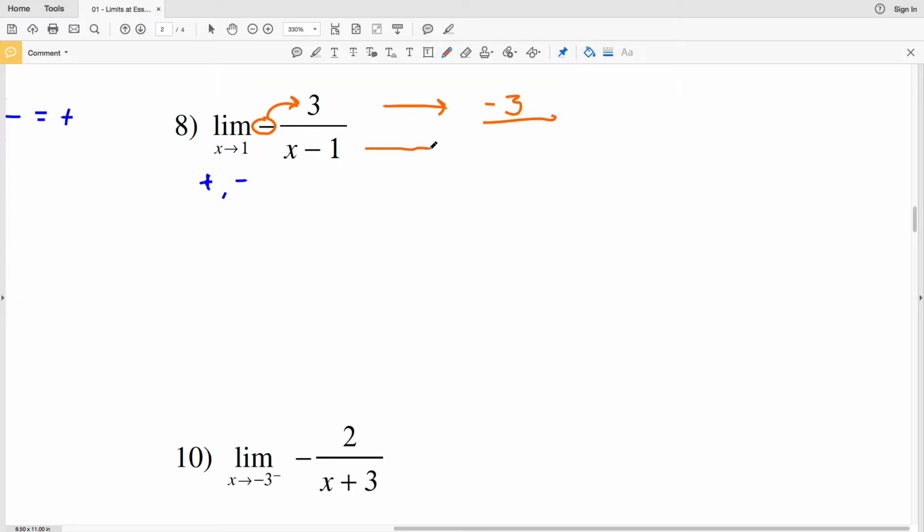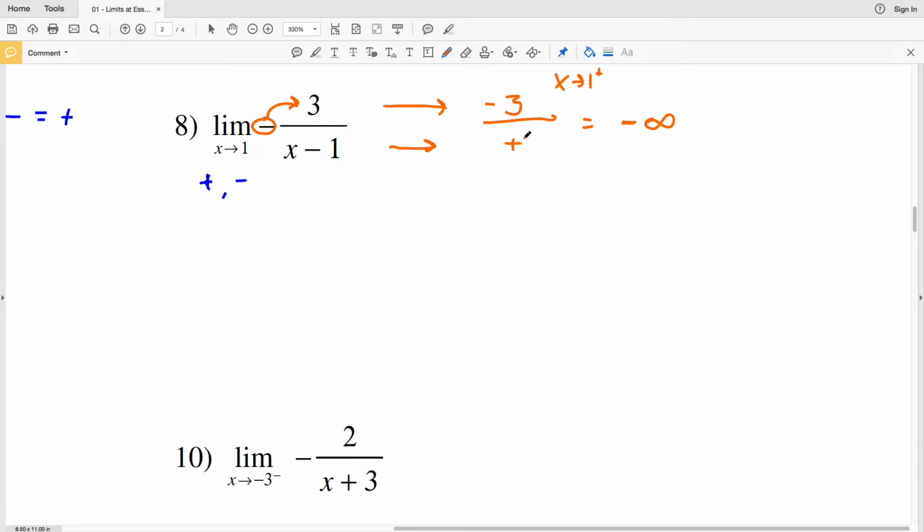In the denominator, though, coming from the right, or coming from values that are greater than 1, we will have 2 minus 1, which equals 1, and it's positive. So a negative over a positive is going to be negative. So as x approaches 1 from the right, our limit is -infinity.